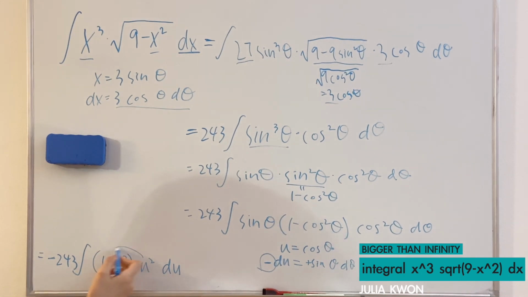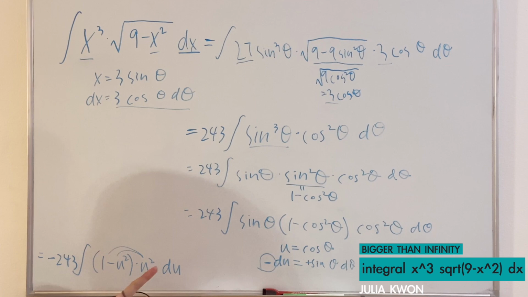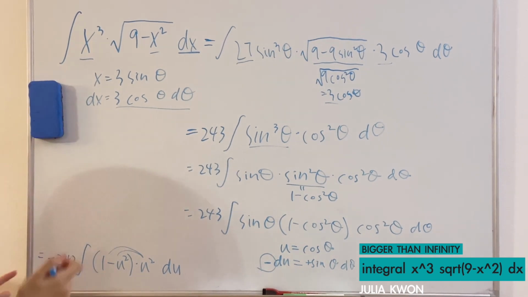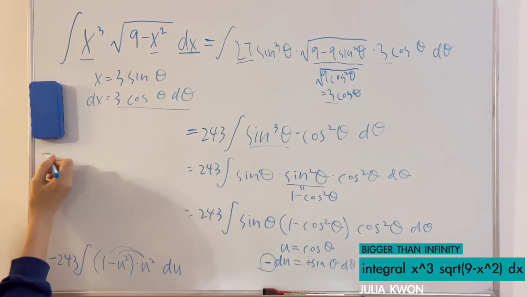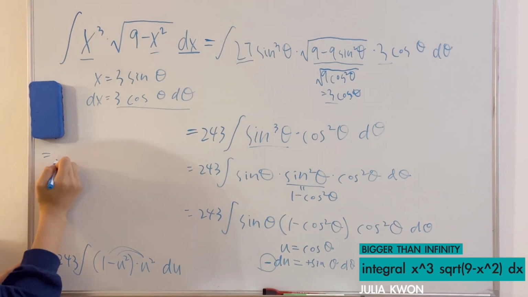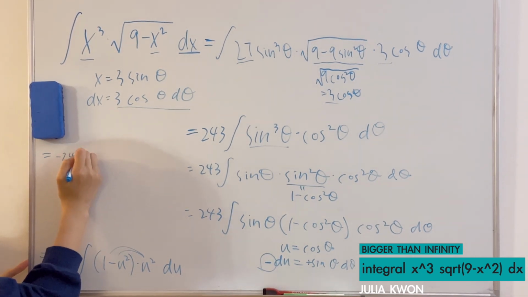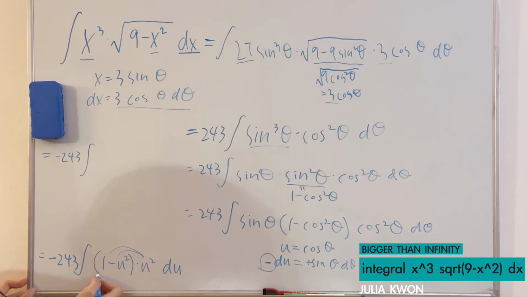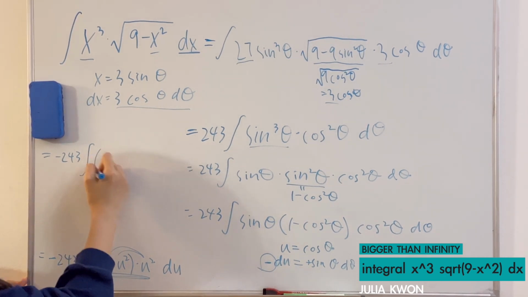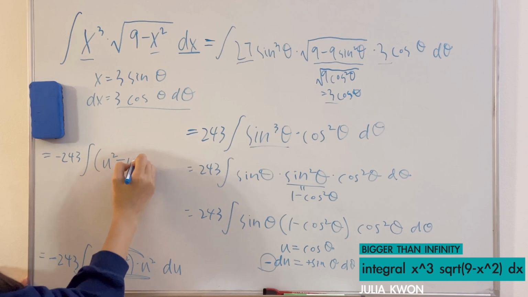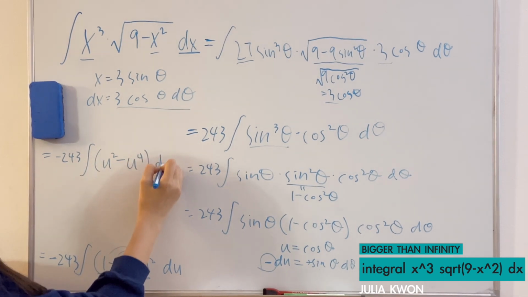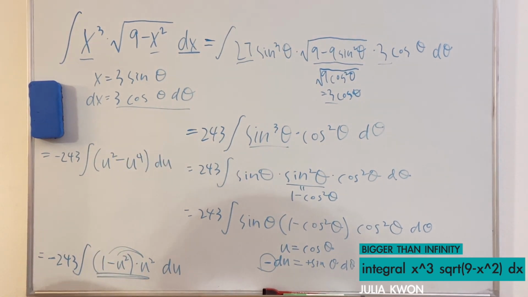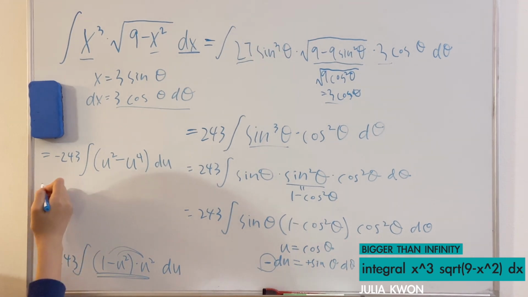If we multiply these two together, then we would have negative 243 times the integral of u squared minus u to the power 4 times du.